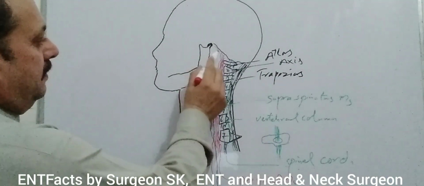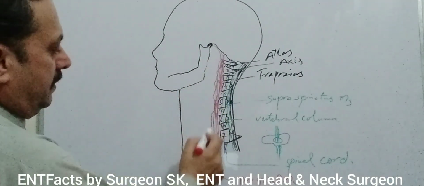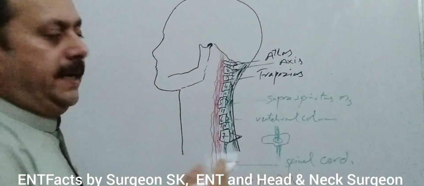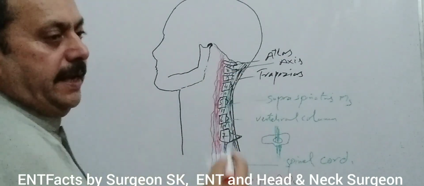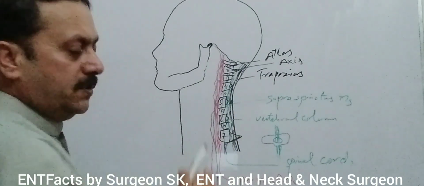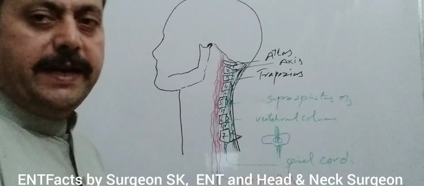Here this whole part makes a part of the pharynx. 3 parts of the pharynx: the upper part, the nasopharynx, the middle part is the oropharynx, and the lowermost part is the hypopharynx or laryngopharynx.